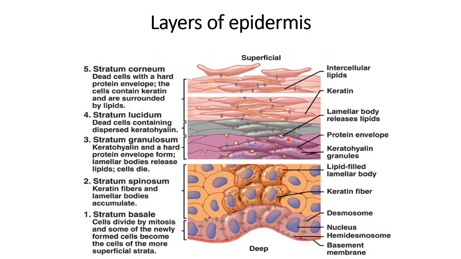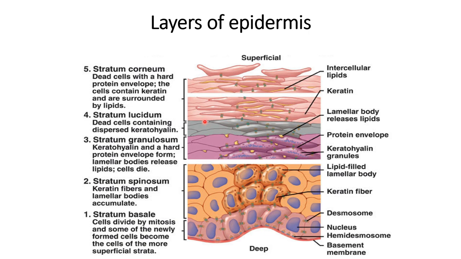As we move upward, the cell organelles are lost, and before moving into the next layer, the cells become dead, meaning without any mitotic figures. So in the basal, you can appreciate mitotic figures, in spinosum, in a few layers of the granulosum, and as we reach upwards, the mitotic figures are lost and the cells are dead.